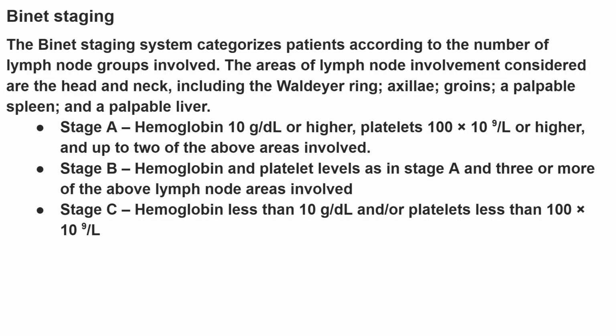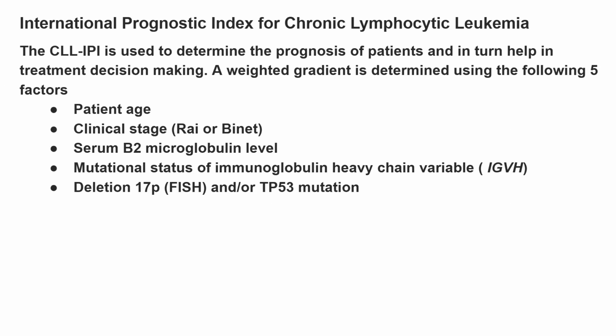Stage B is when the hemoglobin level is the same as stage A, but more than 3 areas of lymph nodes are involved. Stage C is when hemoglobin is less than 10 gram per dL and platelets are less than 100 times 10 to the 9. That's about the clinical stage.